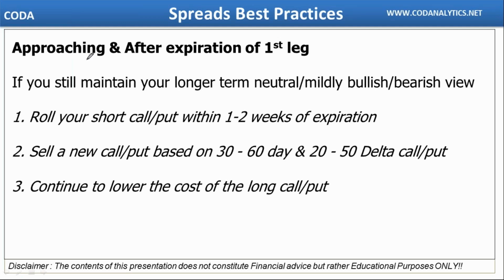So now you're talking about how you are going to manage this trade. In approaching and after expiration of the first leg, if you still maintain your longer term neutral, mildly bullish or bearish view, then you can go ahead and roll your short call or put within 1 to 2 weeks of expiration. Yes, it's almost the same as the calendar.